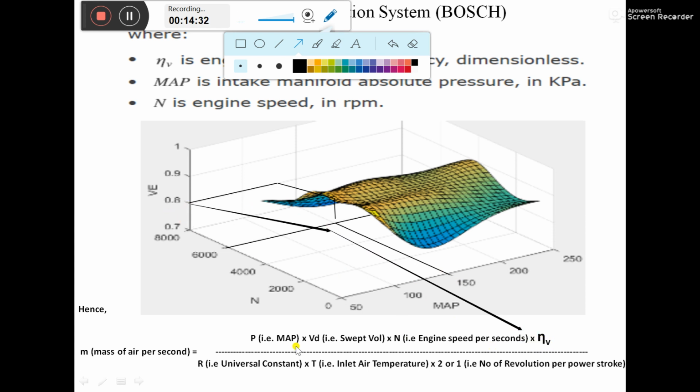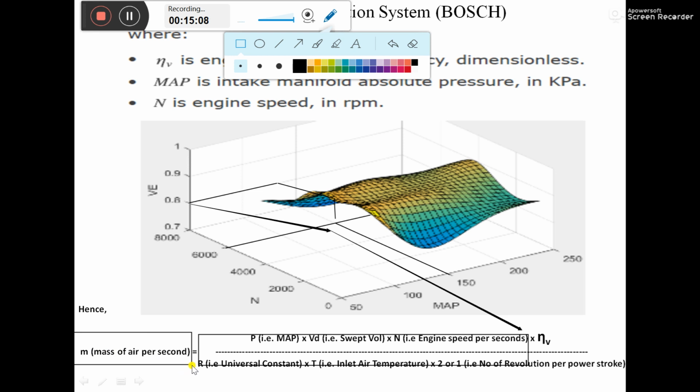And this entire part, excluding volumetric efficiency, is coming from the first phase of calculation, that is the PV equals mRT formula. Whenever these two get multiplied, you get the mass of air actually drawn by your engine.